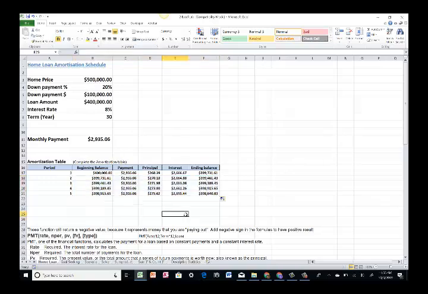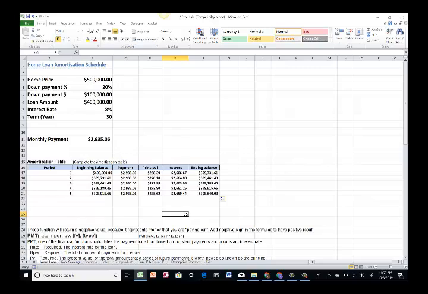This is how many months I will do, for example, but when you're doing an amortization table, you need to populate it for all the monthly payments you're going to be making, meaning if it's a 30-year term, 30 years times 12, that's how many months you need to populate the table for.